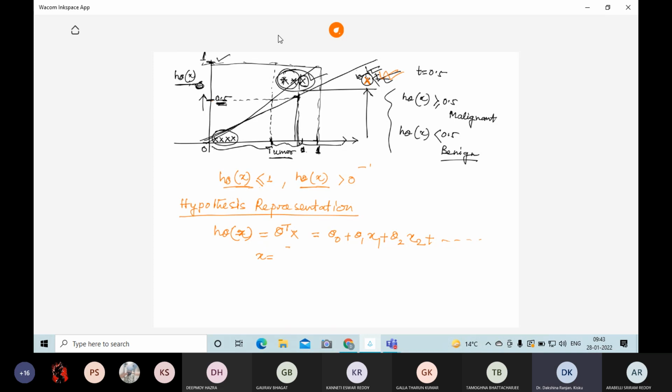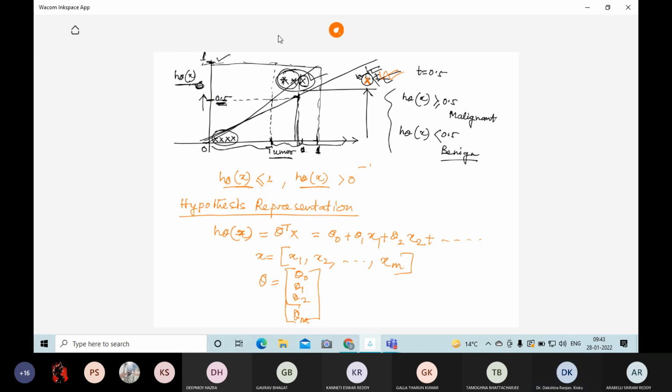Here x would be x1, x2, and if we consider there are m points, up to xm, and theta would be theta 0, theta 1, theta 2, until theta m.